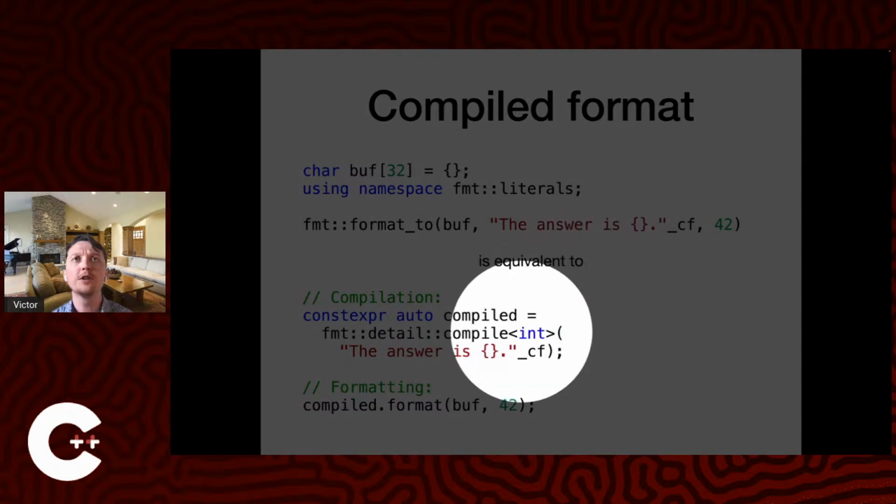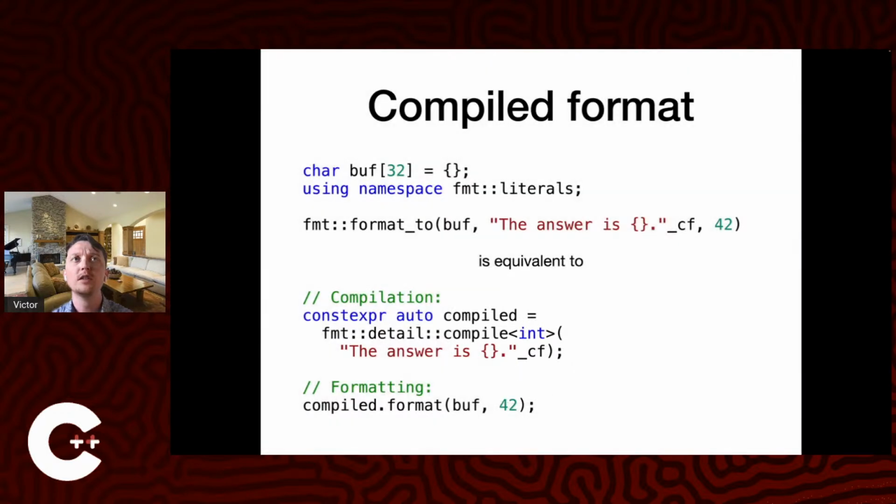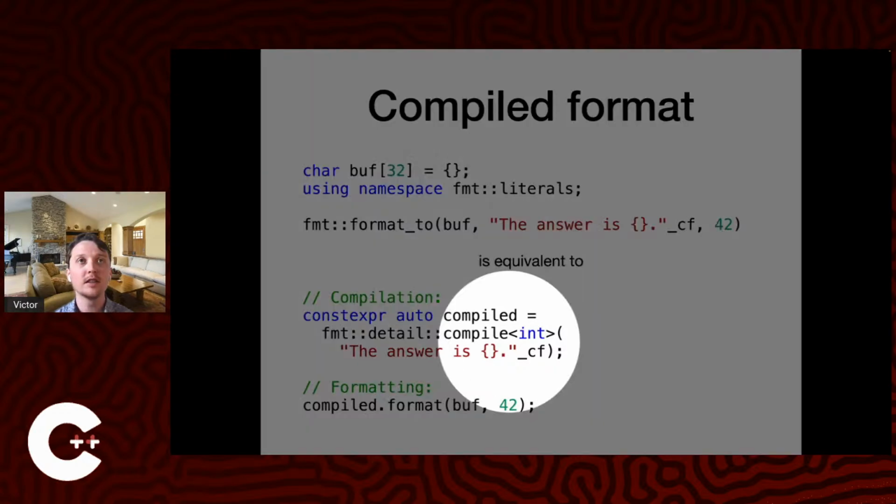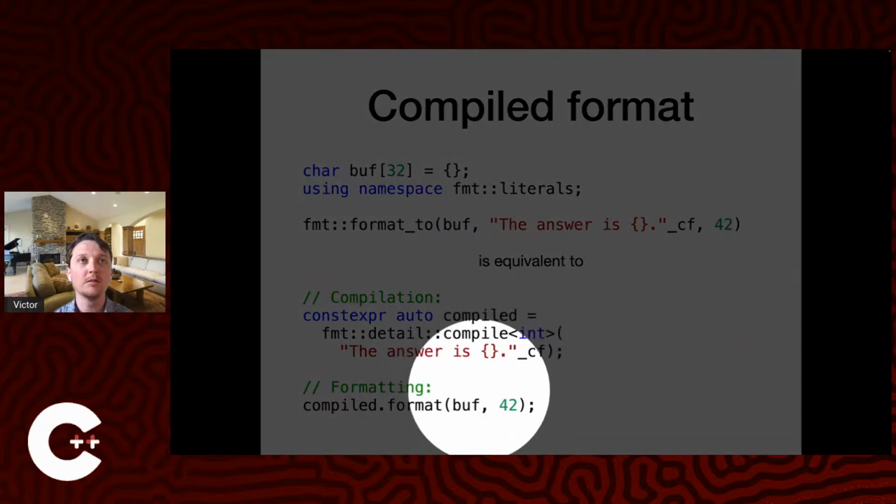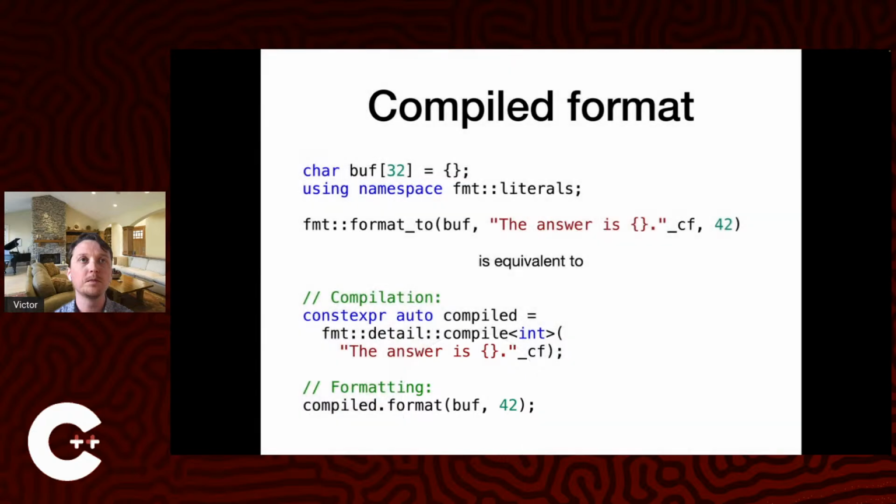So internally, it calls compile on the format string, turns it into this list of objects that know how to format individual components. And then at runtime, the formatting is performed using this object.